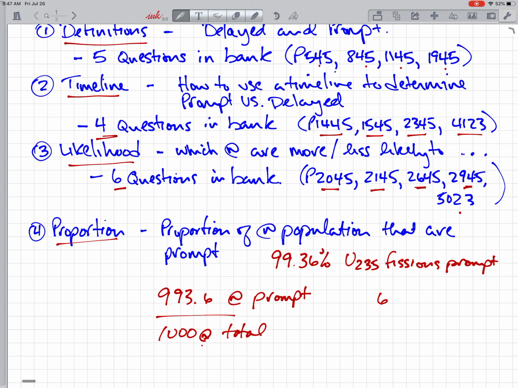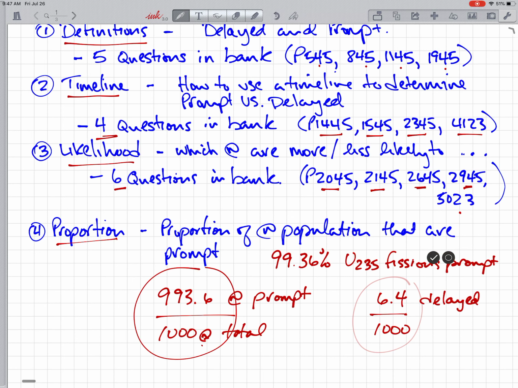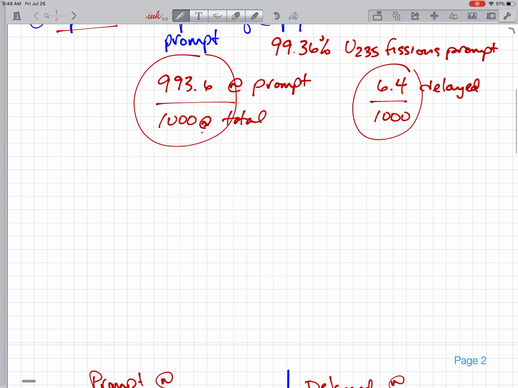And that also means that 6.4 out of 1,000 are delayed. So it's basically a definition question, but you need to be able to manipulate these numbers. I think this is probably the best way to think of it as far as majority and minority. And I believe there are 5 questions on those too.